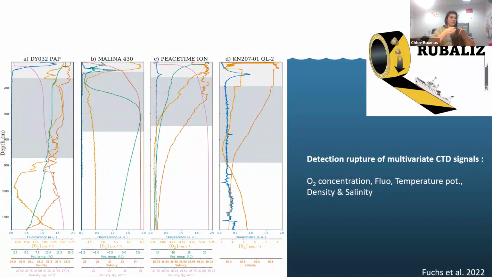As we want to assess the carbon budget from one measurement profile, it is one snapshot of what is happening in the mesopelagic zone. So you have one CTD profile corresponding with one oxygen concentration.